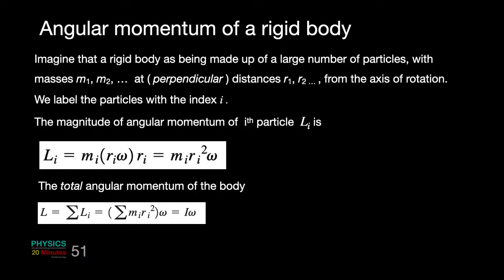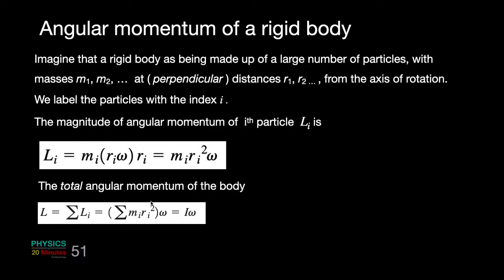Once you do that, you get L is equal to sigma Li, which is equal to sigma m i r i square, in bracket, times omega. The summation will only go over m i r i square. Omega remains the same for the entire body. Why? Remember, the body will no longer be a rigid body if omega is different for different parts.